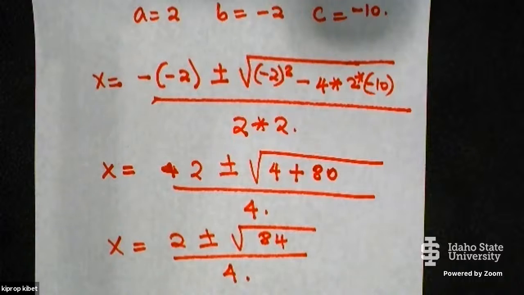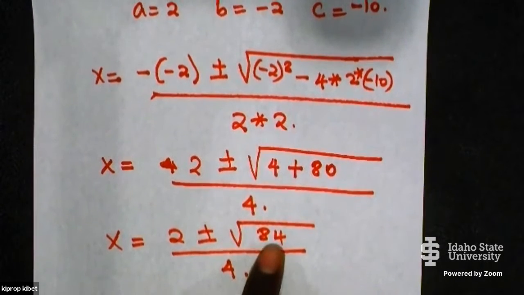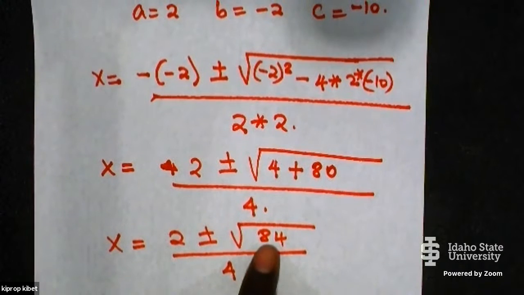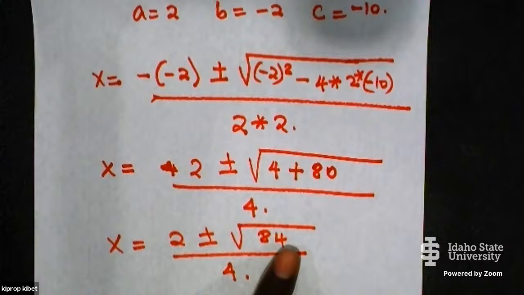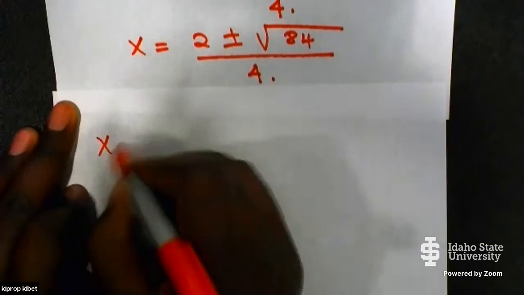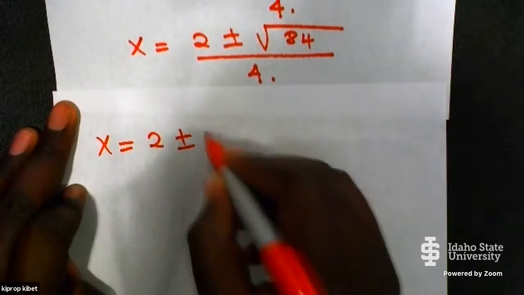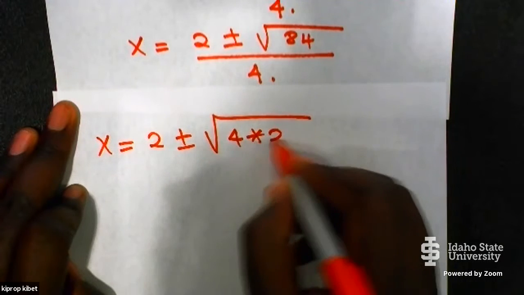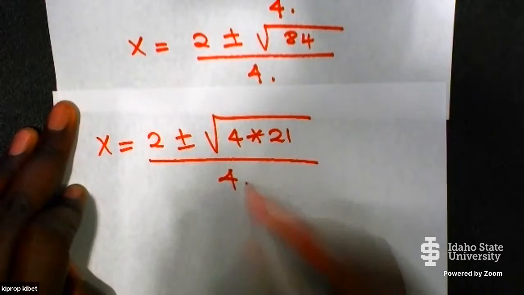So you can simplify. When you factor 84, it is 4 by 21, right? So x equals 2 plus or minus the square root of 4 times 21, all over 4.